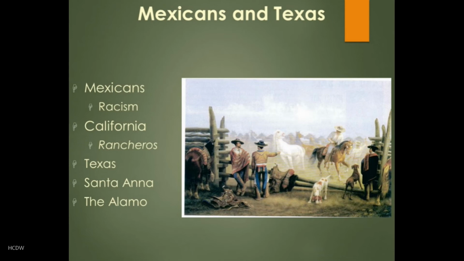And so the population began growing of both Americans in Texas and also Hispanic Texans as well. By 1830, there were some 7,000 Americans living in Texas.